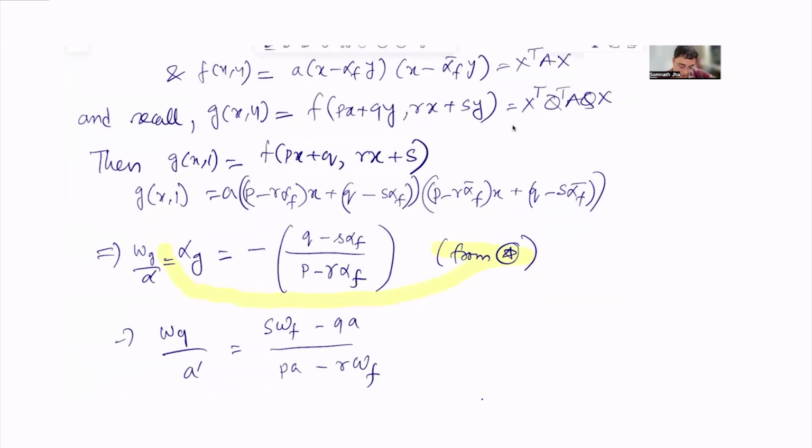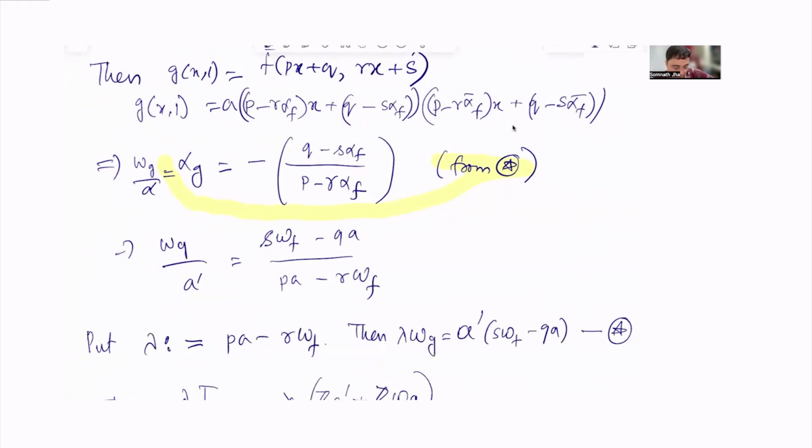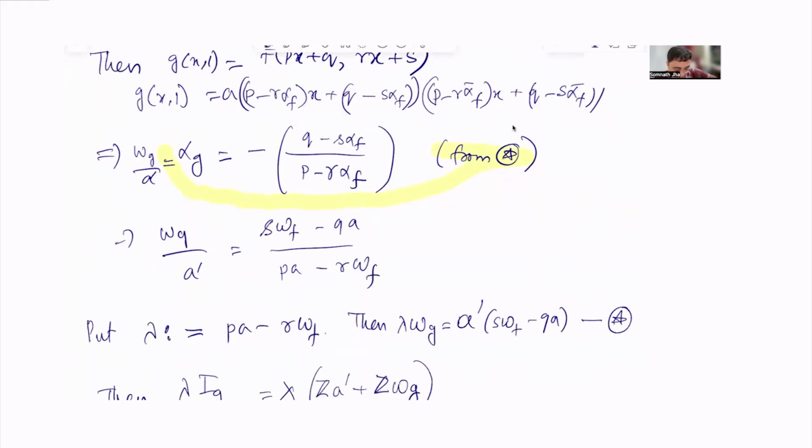So alpha f by a is omega f, and this minus changes sign. So alpha f is omega f by a. So you multiply by a on the denominator and numerator. So you get s omega f, and the sign changes, minus qa, and then the denominator remains pa minus r times omega f. Now you put this denominator as lambda, pa minus r omega f.